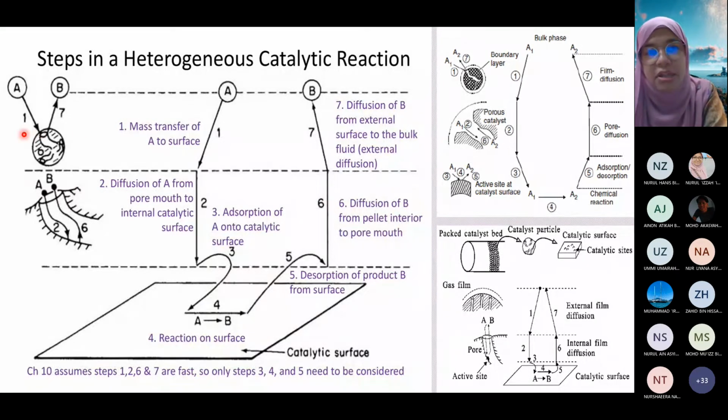Macam mana nak berlaku? There is no internal diffusion. So the reaction only occur at the external surface of the catalyst. So yang ada only step 1, step 3, step 4, step 5 and step 7. Step 2 and 6 negligible because there is no pore mouth.